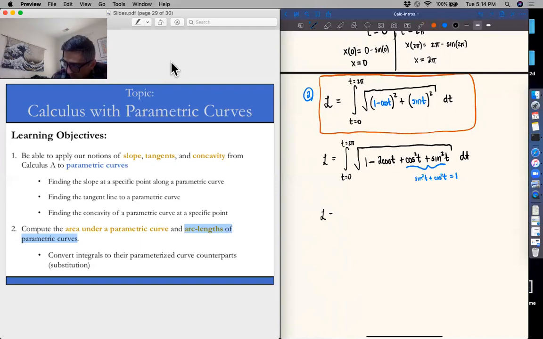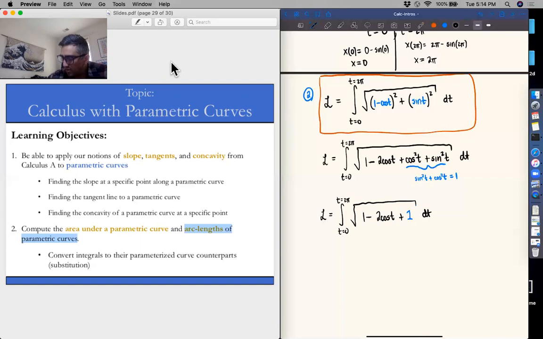So this integral becomes the integral between t equals 0 and t equals 2 pi of the square root now of 1 minus 2 cosine of t plus that 1 coming from our trig identity. We can actually clean this up just a little bit more.